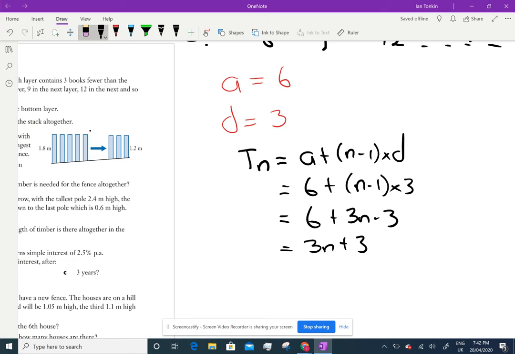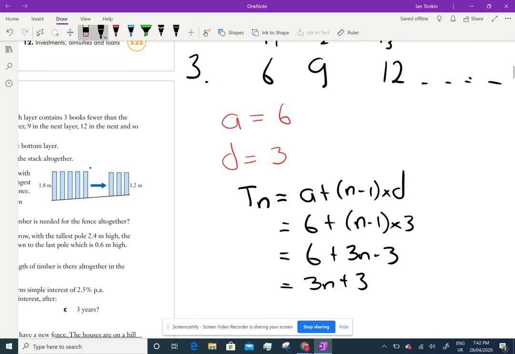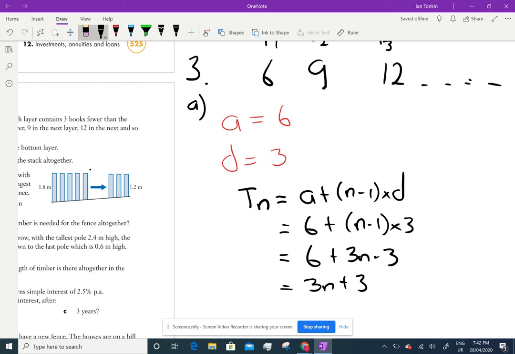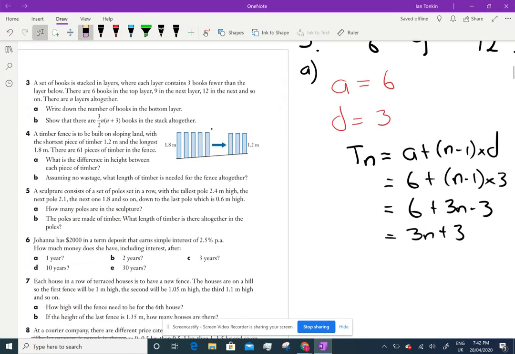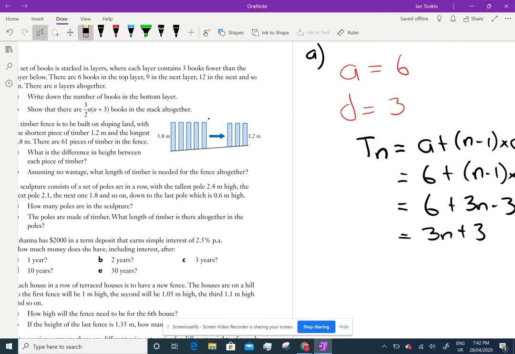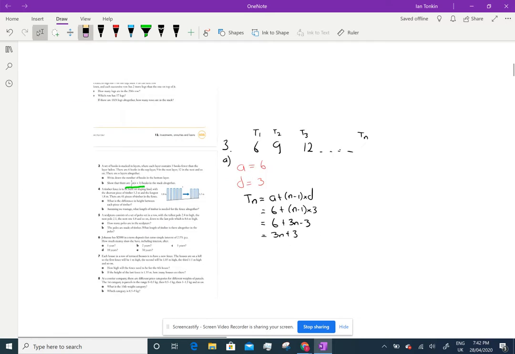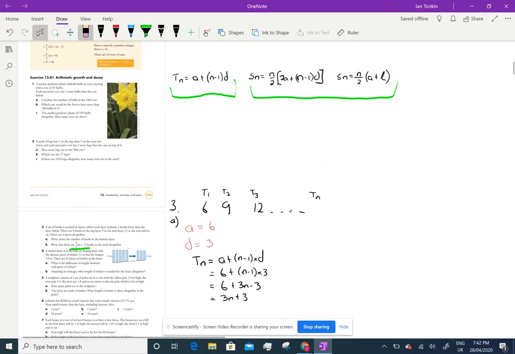Now, that's part A. Part B says show that there are that equation of books in all the stacks together. Now here's where you have to be smart to save yourself some time.